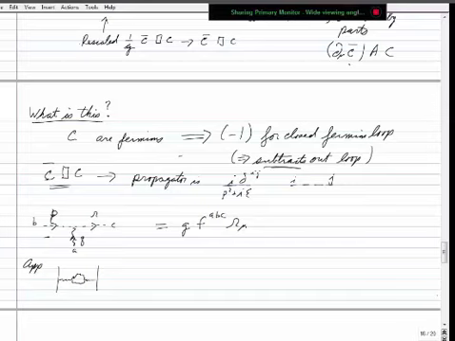So p squared instead of p slash, as normally for fermions, but that's what you get when you try to invert that.